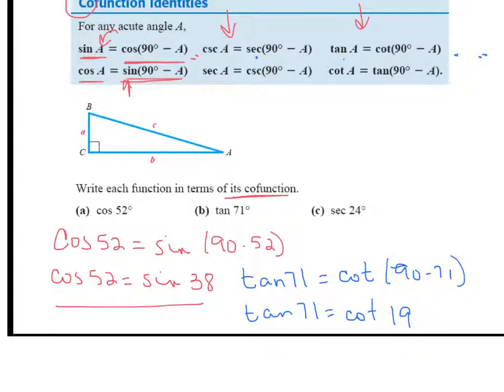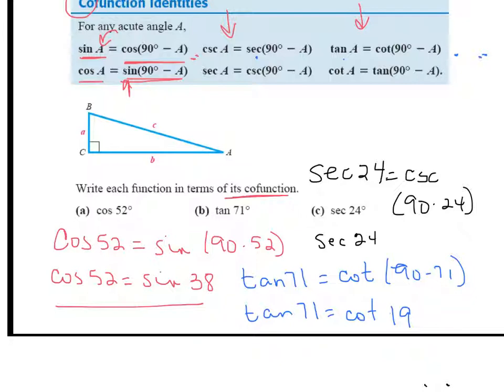Secant of 24 equals cosecant of 90 minus 24. So secant 24 equals cosecant of 66.